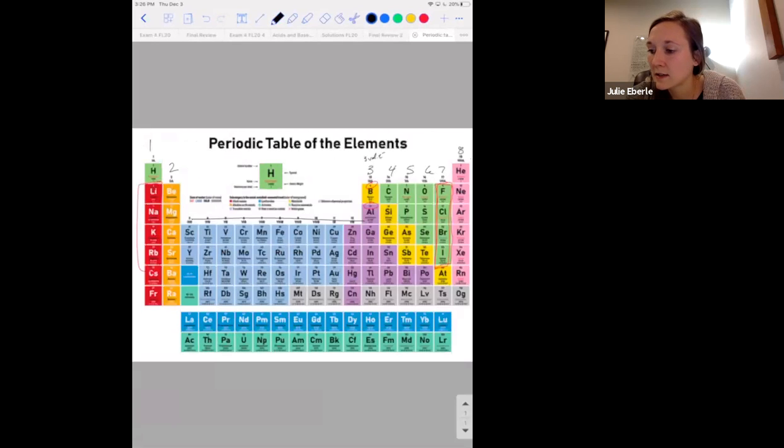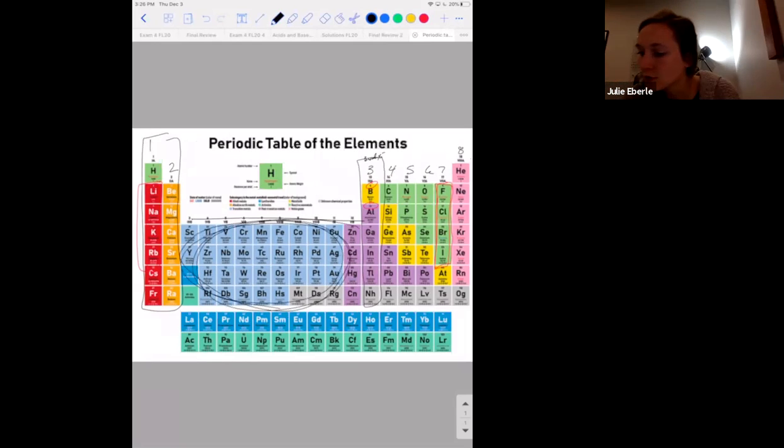Main group cations are in groups 1, 2 right here, and 3. These elements and these groups are your main group cations. Anything in this square right here, I really don't know if you can see that, those are transition metals, and we have different rules for naming those.